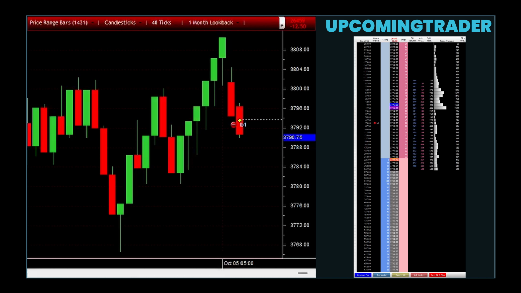This pattern suggests that buying pressure has overcome selling pressure, possibly indicating a reversal of a downtrend. Thus, a trader might consider entering a long position following the confirmation of this pattern.